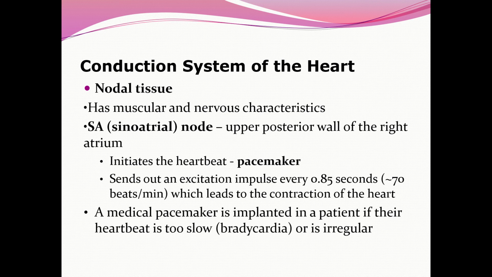The SA node sends out an excitation impulse every 0.85 seconds, which is around 70 beats per minute, and this leads to the contraction of the heart. A medical pacemaker is implanted in a patient if their heartbeat is too slow, a condition called bradycardia, or if their heartbeat is irregular.